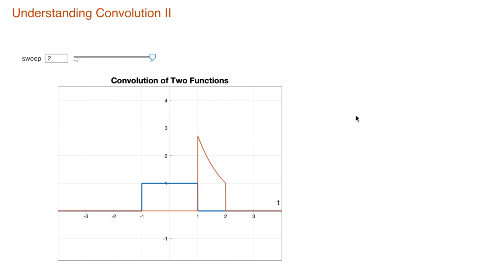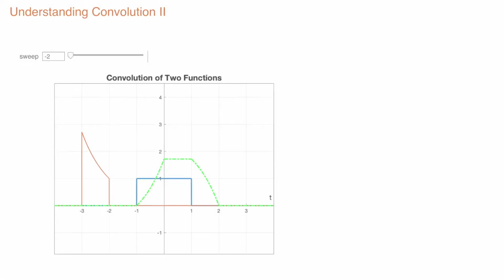So maybe draw what you think it's going to look like. Replay that last part, have a draw, see what you think, and then we'll look at the answers in a second. Okay, so now we're ready to have a look at the answer.